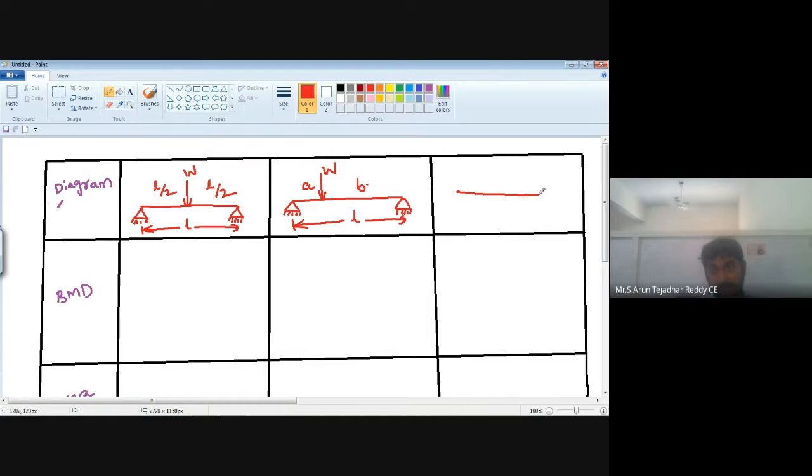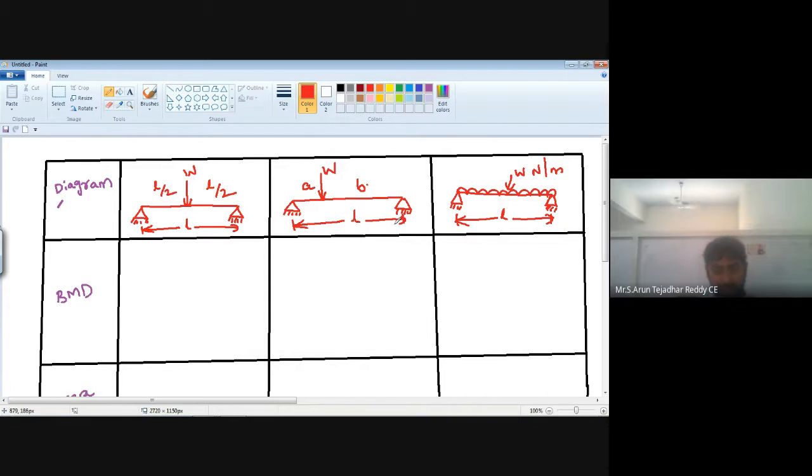Now next diagram. It is also simply supported and the load is acting throughout the span, that is uniformly distributed load, W Newton per meter, and the whole span is L. So these are the three important diagrams.